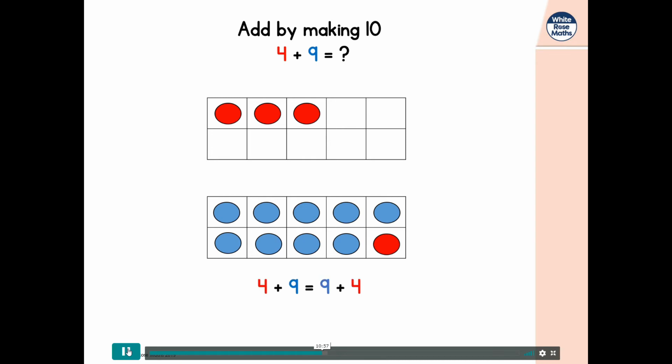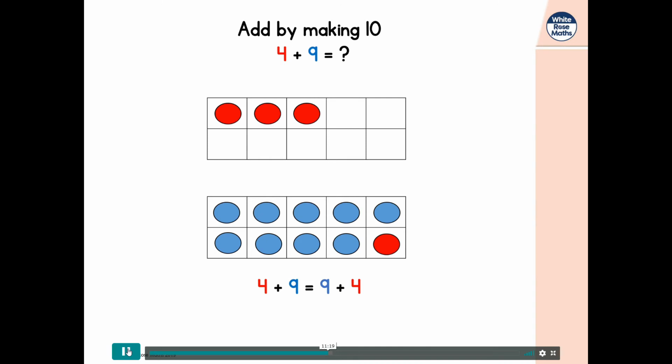Let's think about this. 4 plus 9 is actually the same as 9 plus 4. It doesn't matter what order we add those two numbers in. So actually, instead of making our 4 into 10, we're now making our 9 into 10.